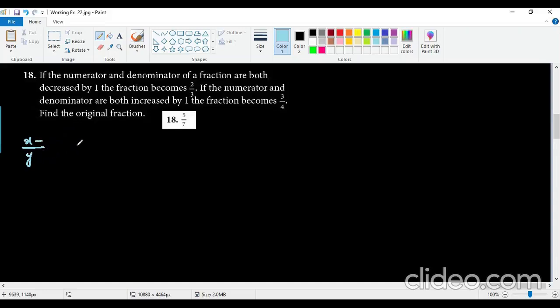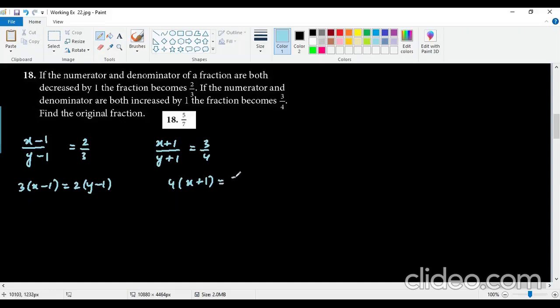And the second condition says if the numerator and the denominator are both increased by 1, that means x plus 1 over y plus 1 becomes 3 over 4. So first of all, I will cross multiply this. So this becomes 3 multiplied by x minus 1 is equal to 2 multiplied by y minus 1. On this side, it is going to be 4 multiplied by x plus 1, and 3 is going to be multiplied by y plus 1. These are going to be two equations.